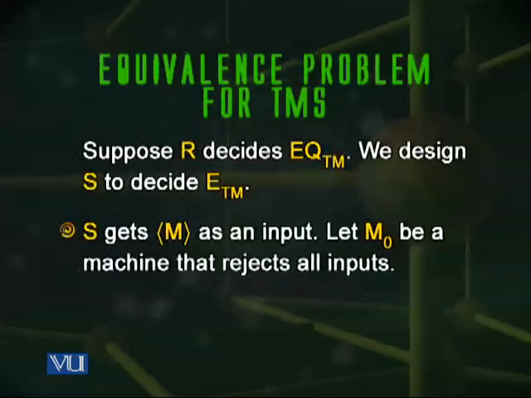Let's look at a formal description of this decider S. Notice that it is very easy to make a Turing machine ME such that the language of ME is empty. You can very simply design a Turing machine that rejects all inputs. Without scanning the tape, the first step it takes is to reject the input.